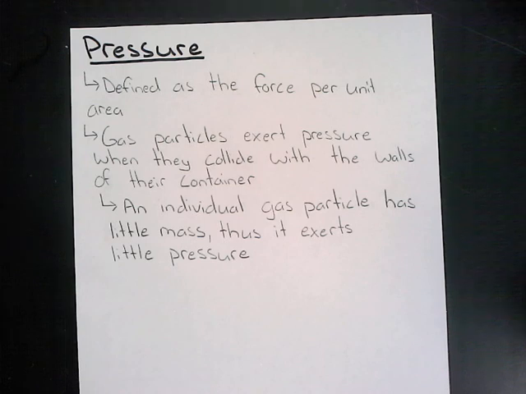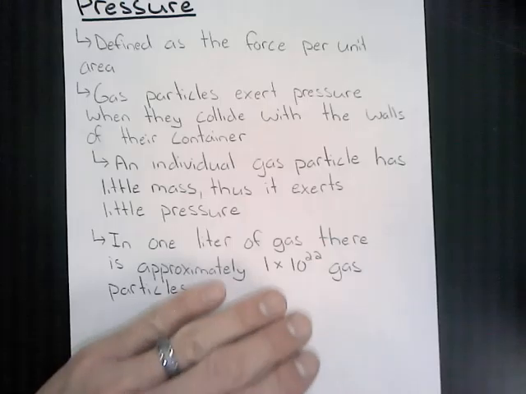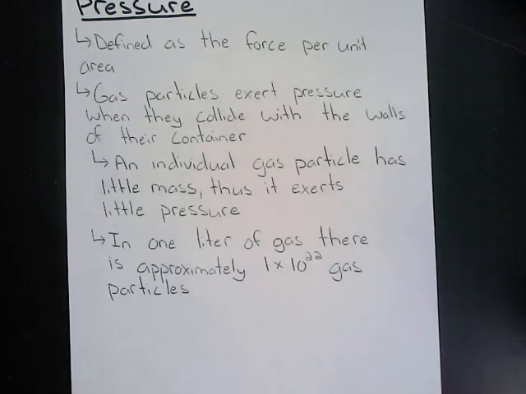But in something like 1 liter, there are approximately 1 times 10 to the 22nd gas particles. With that many gas particles, the particles that are colliding can cause a pressure that is substantial and measurable to us.